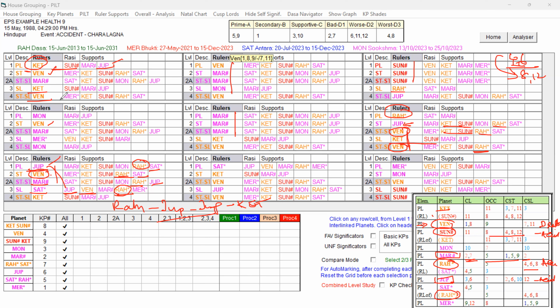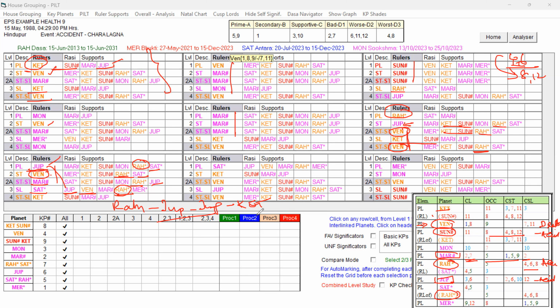And the sublord planet also is Ketu, and again Venus is coming. So this planet is strong enough as the Sukshma. So that native died in an accident, Rahu, Jupiter, and Ketu.